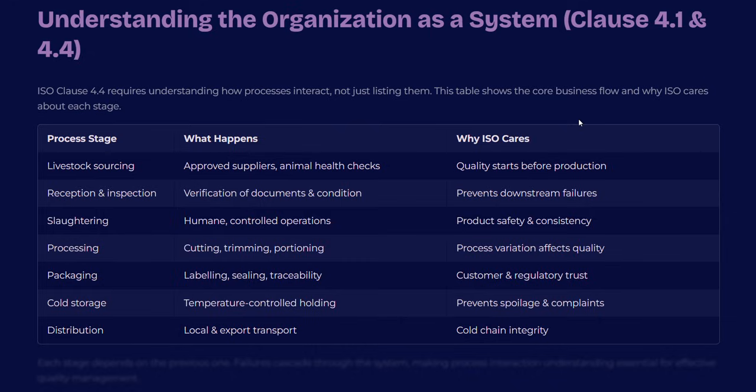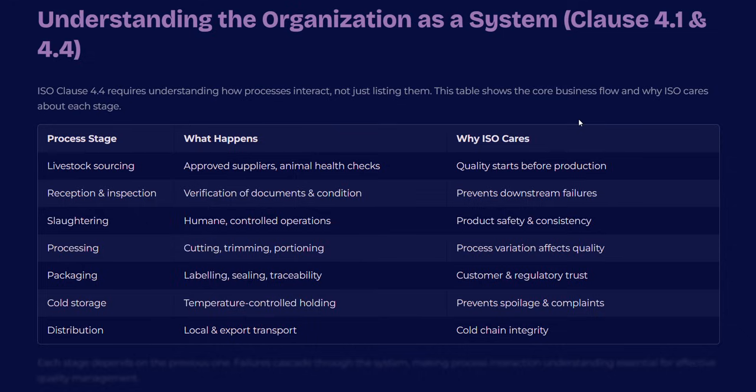The stage of processing, cutting, trimming, and portioning. What happens here, and why does ISO care? Because process variation here affects quality. The stage of packing, labeling, sealing, and traceability. Here is where customer and regulatory trust is gained.